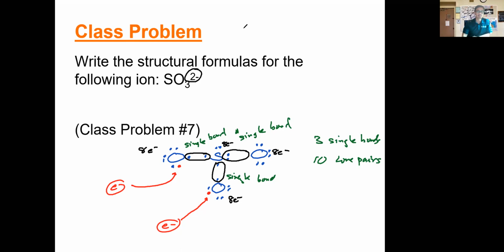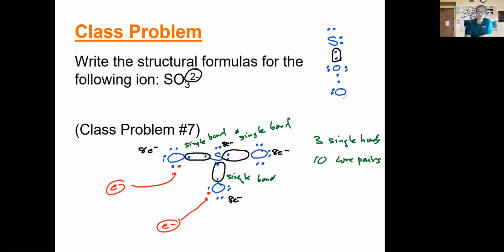Now, there is another structure that looks like it will also meet the criteria, and I'm going to draw it for you right here. So we have sulfur, not as the center atom here. It's going to have a single bond here with oxygen. And this oxygen here is going to be bonded with a single bond to this oxygen here.